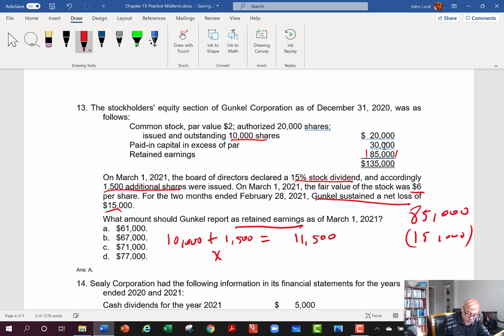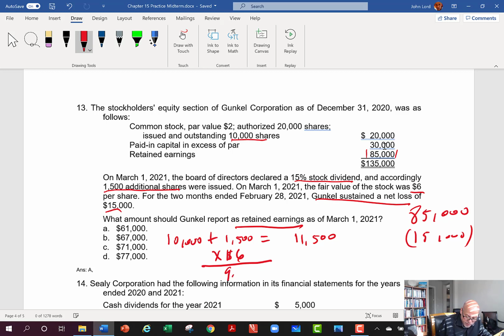I take those additional shares, they issued an additional 1,500 shares at $6. I think my mind was half in the previous problem, because here I'm just going to figure out the dividend part of it. 6 times 1,500 gives me 9,000.